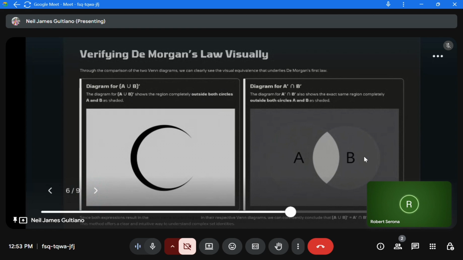Because the resulting shaded areas are identical, we can confidently conclude that the complement of A union B equals A complement intersect B complement. This visual method removes the need for symbolic manipulation and instead gives us a clear and intuitive confirmation.